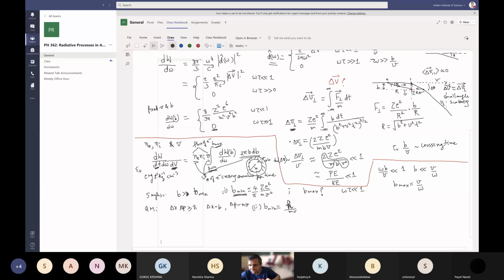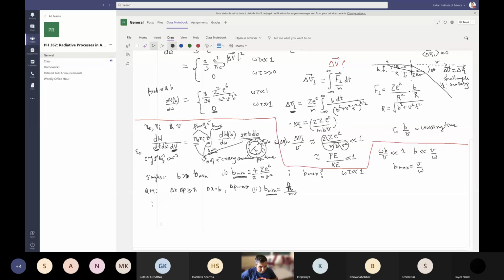If the electron is very, very close to the proton or the ion, then you have to worry about quantum mechanical effects. That's when this constraint comes. Now, what value of B min should we use? We have these two estimates.